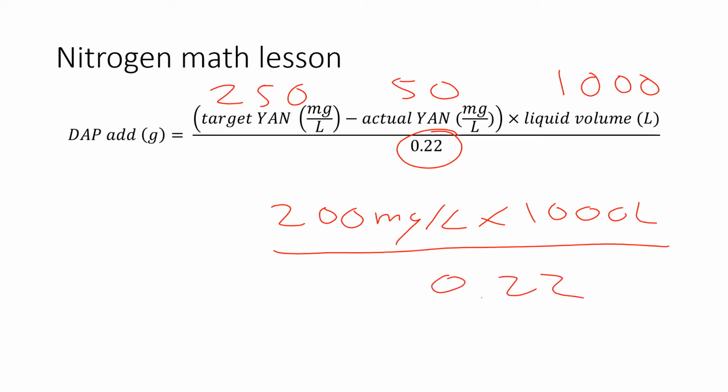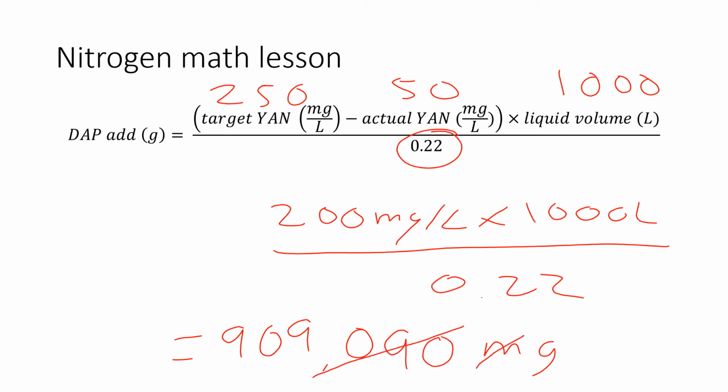Calculator says 200 times 1,000 divided by 0.22. We're going to get a big number. All right, so it's 909,090 milligrams, or we can just cross that out and say it's 909 grams.